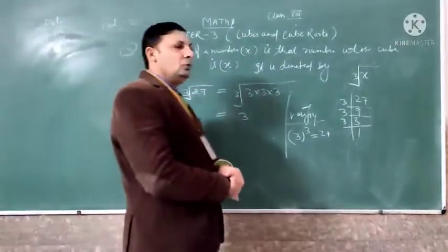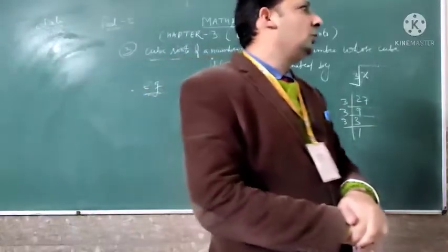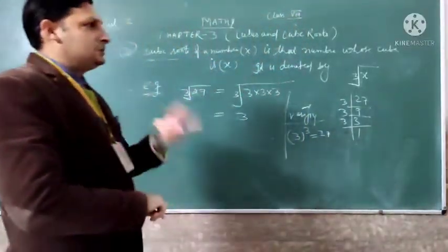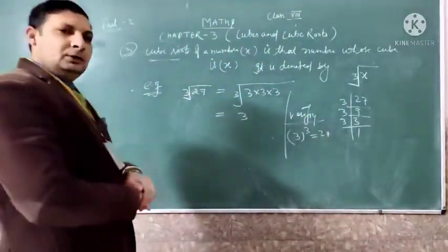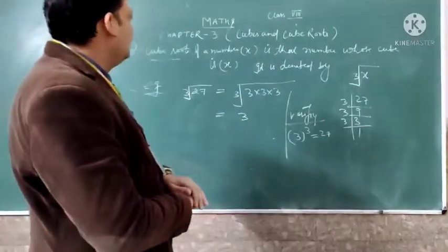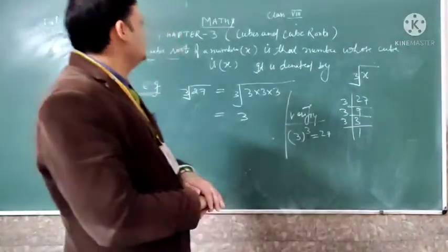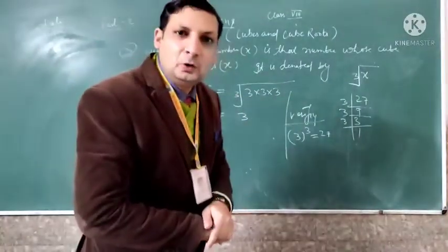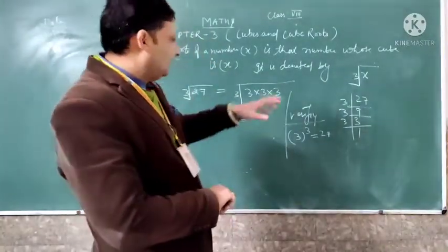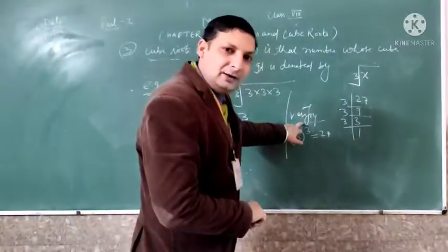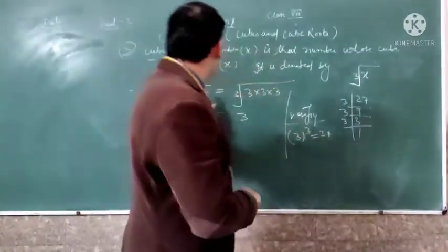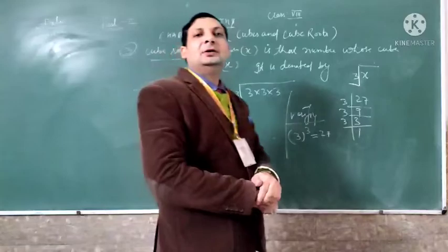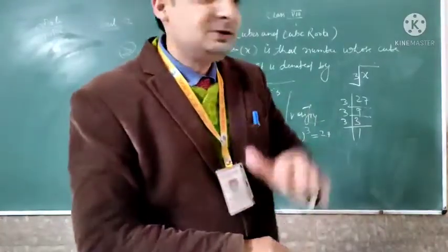I have also said the cube root of a number is that number whose cube is x. It means after finding the cube root of any number, we can find the cube of that number, and if it gives the number itself, 27, we can say our answer is right.